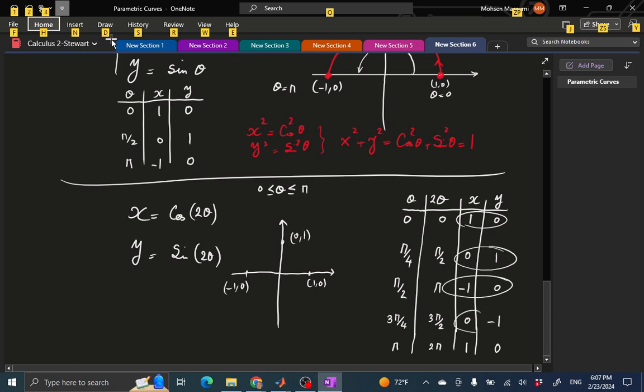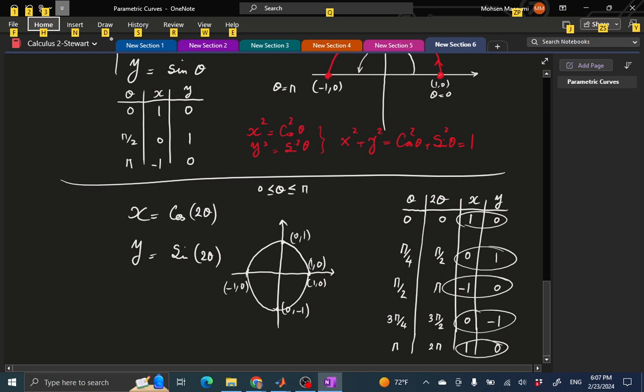Next is 0, minus 1, down here. Finally 1, 0, we have come back where we were. So we started here, we came to this, say, point north, and then this one, and then south, and back to east or whatever that point is.